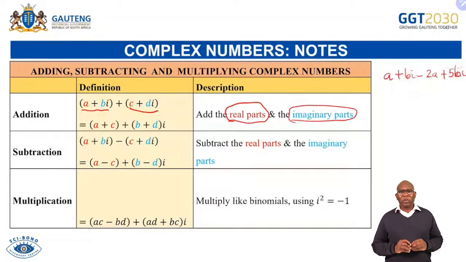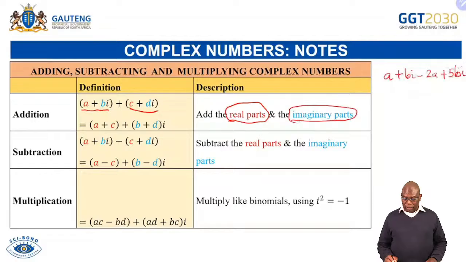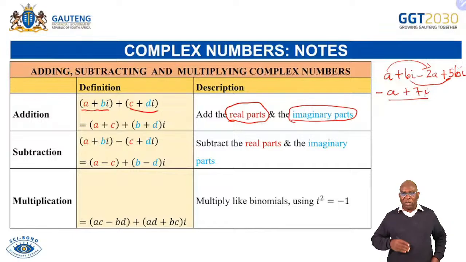In other words, we are adding like terms, as we have always done in the previous grades. So the A and the A will be added together, so I'll have minus A. The BI terms will be added together, so it will be 7 of them, isn't it? So I've added the real parts together and the imaginary parts together. I cannot add these two, because A is real and I cannot add imaginary and real parts. Subtraction is the same principle: real parts with real parts and imaginary parts with imaginary parts.